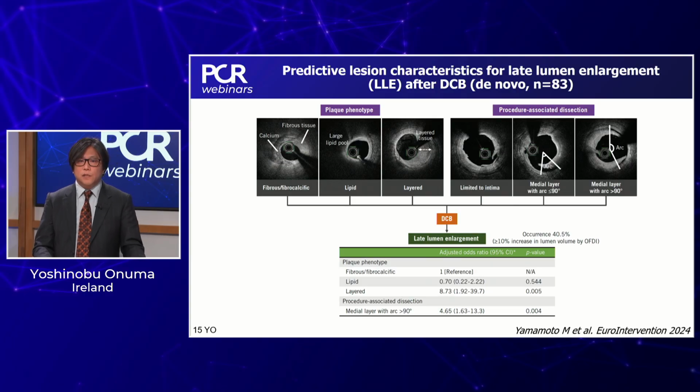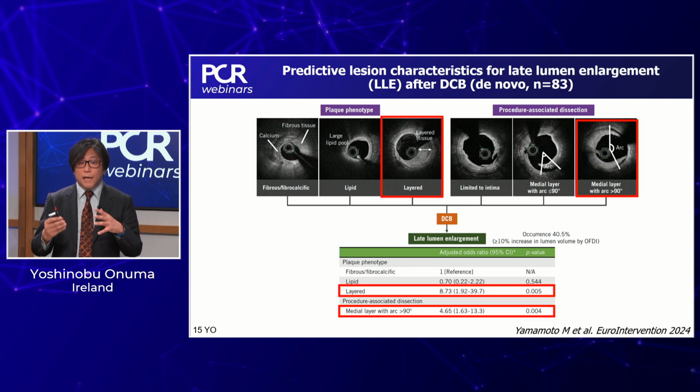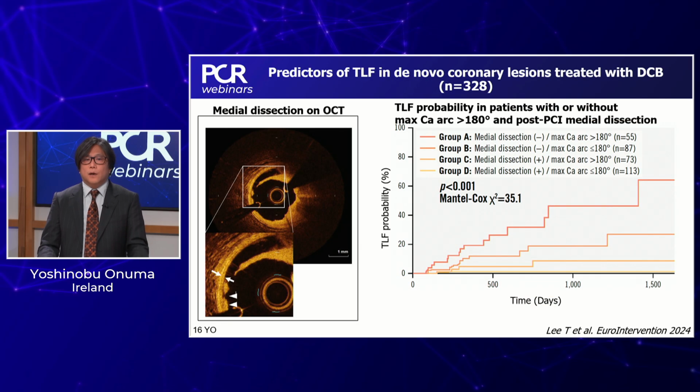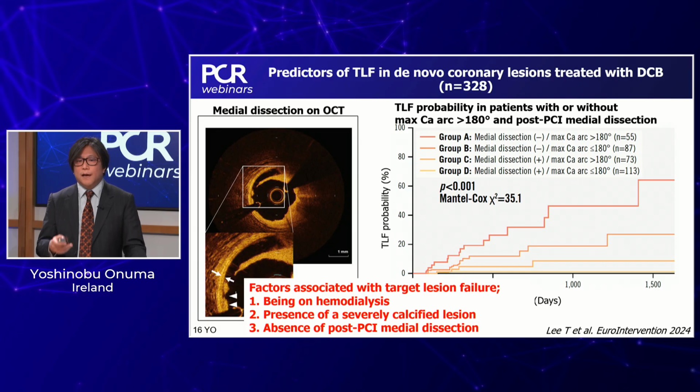The other studies also show that a predictor of the late lumen enlargement in layered plaque, and also the medial layer dissection with an arc of greater than 90 degrees, is actually one of the predictors of late lumen enlargement at follow-up. This study also showed that the absence of post-PCI medial dissection detected by OCT is a predictor of target lesion failure.